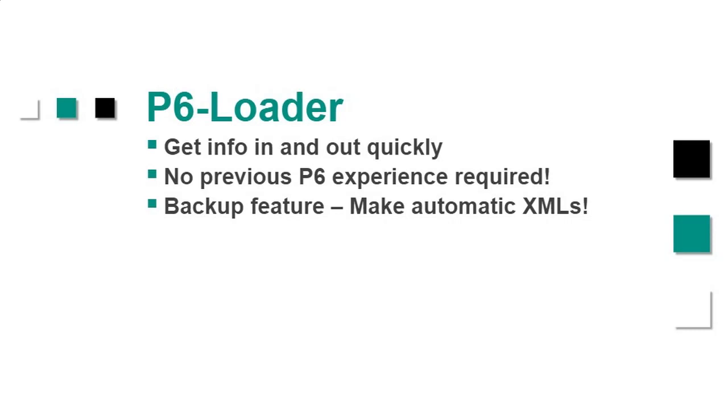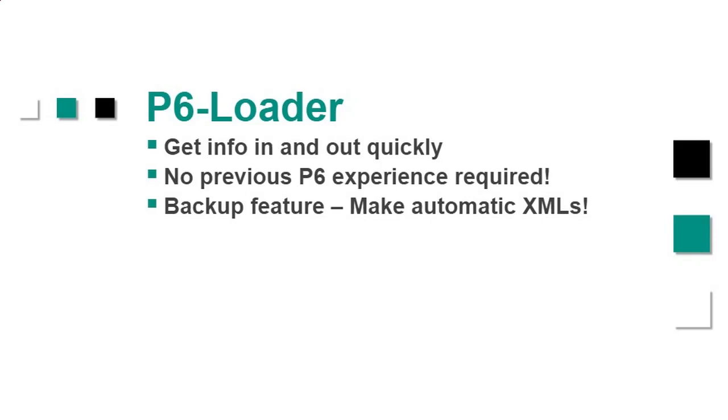So how are you going to get at that data? How are you going to bring it back? And she's going to touch on some of the features in our Loader that we have with backups, and how you can get that data out and get it back into P6. So those are the two angles we're going to show you today. She's going to run through a real example.